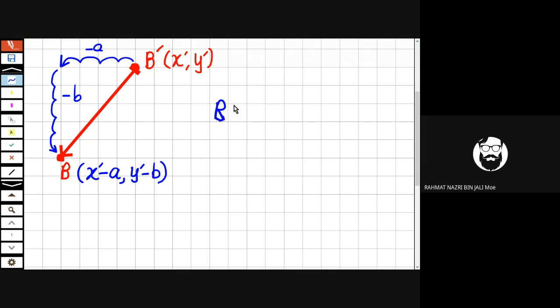The point B is X minus A, Y prime minus B. Tadi dari objek ke image kita tambah.